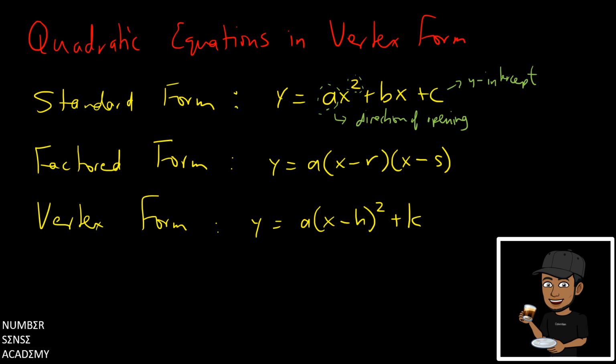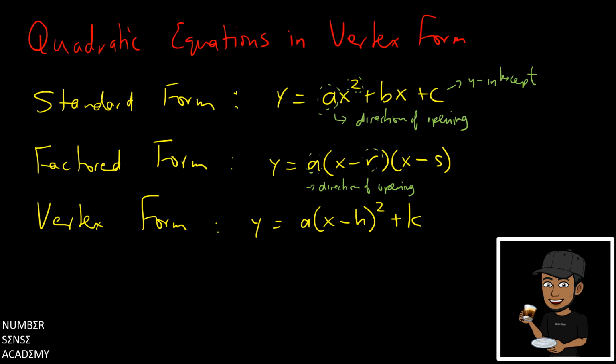When we have the equation in factored form, again, we have a, so we could tell the direction of the opening. A is also a factor, and it tells us how the graph is either stretched or compressed.